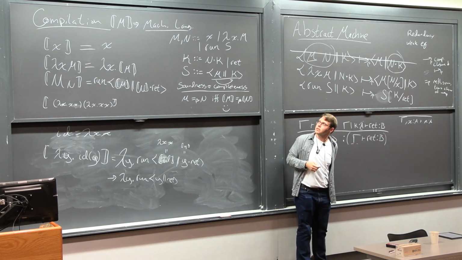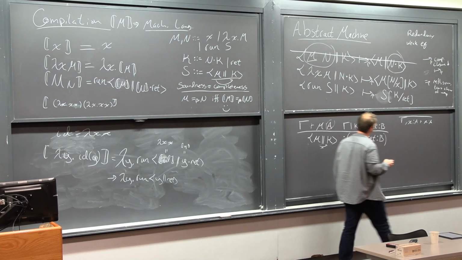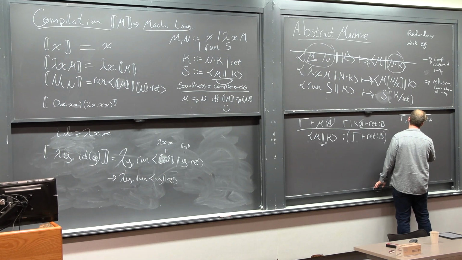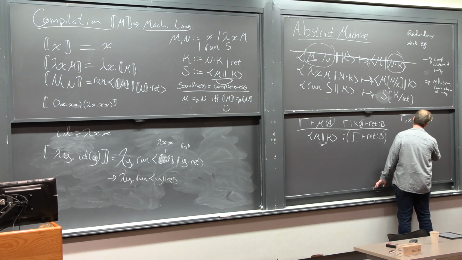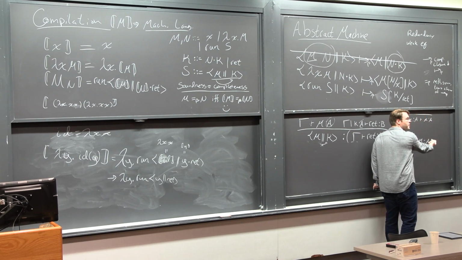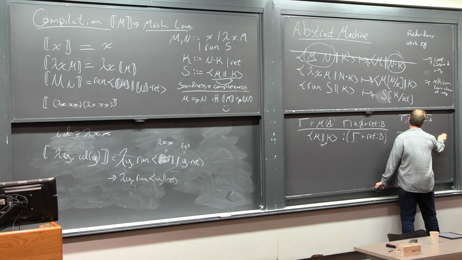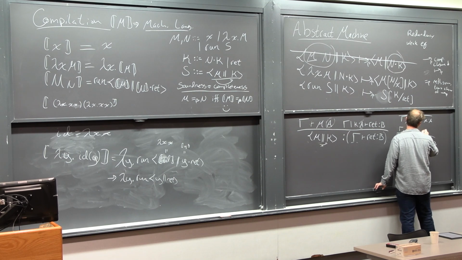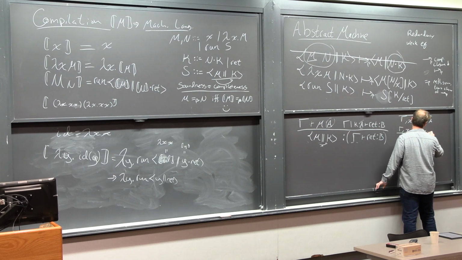Well, let's do the other term, because that's the easiest one. You should by now be able to tell me this rule. When does a lambda have type A arrow B? When the body M has type B with a free variable x of type A in scope. Okay. M has type B.